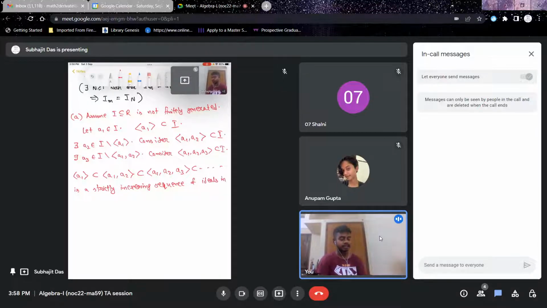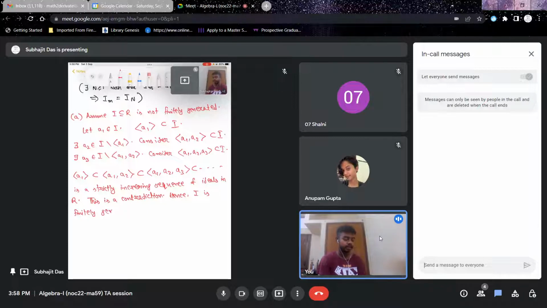But can such a sequence exist? No, because we started with a Noetherian ring. This is a contradiction. Hence, certainly I is finitely generated. Every ideal has to be finitely generated.